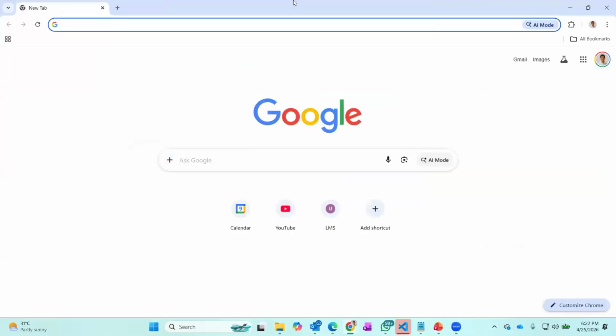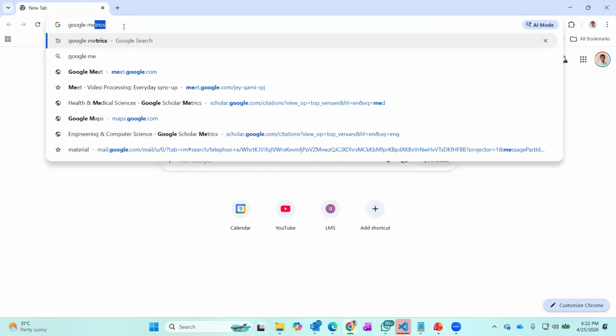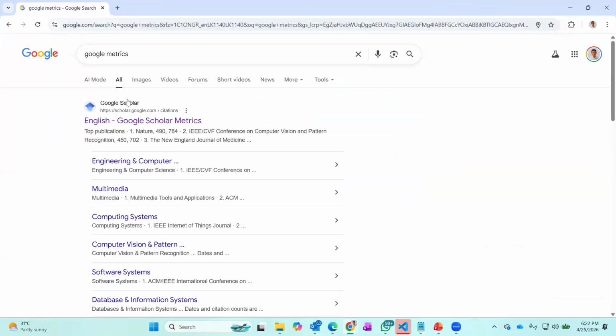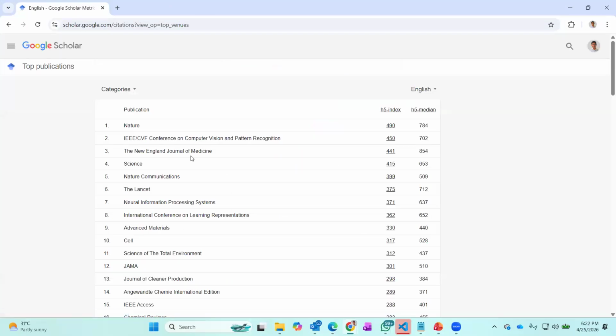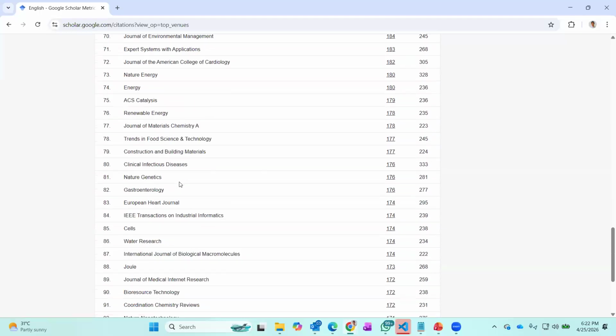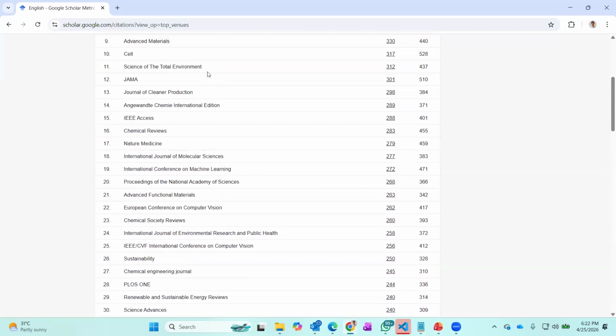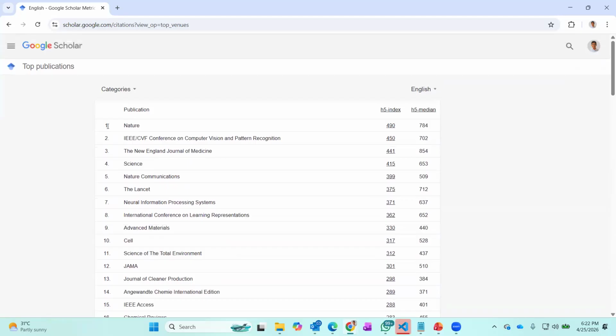First of all, locating top journals and conferences in your area. You type Google Metrics, and it takes you to Google Metrics. You can see the topmost forums there right now, starting with Nature, and the topmost publication of computer science, the CVPR conference, and then others.